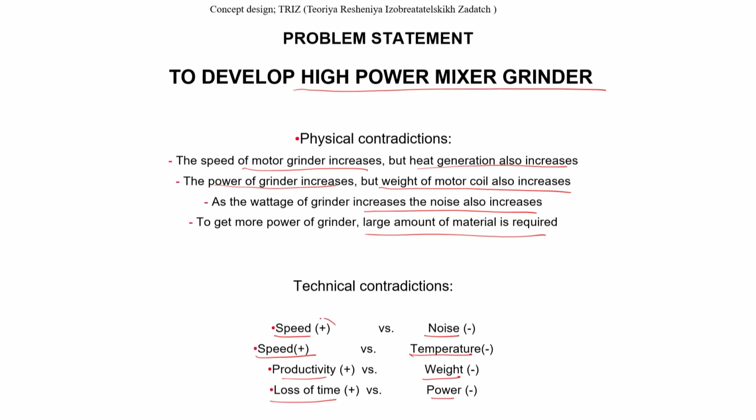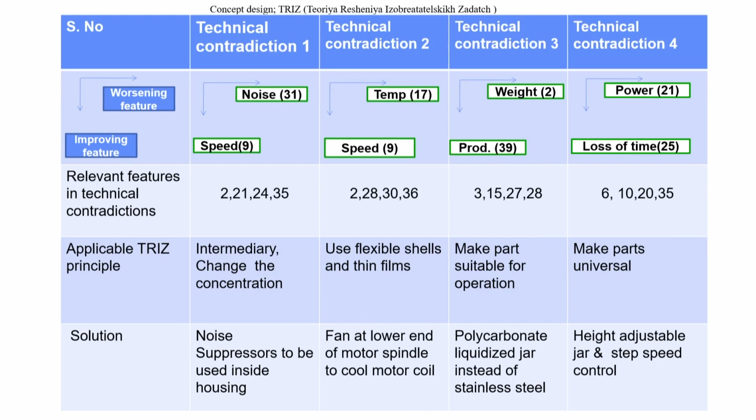The positive denotes the improving feature and the negative denotes the worsening feature. Now, they figured out that corresponding to the first case, that is noise versus speed, noise is number 31 and speed is number 9 in that TRIZ matrix table. So, the relevant principles given in the table are 2, 21, 24, 35.